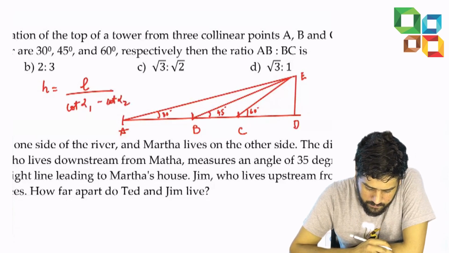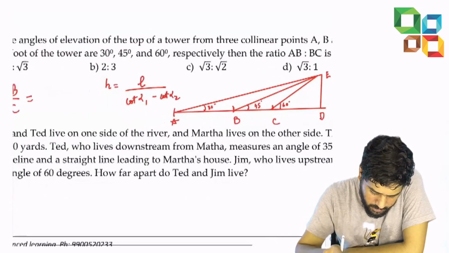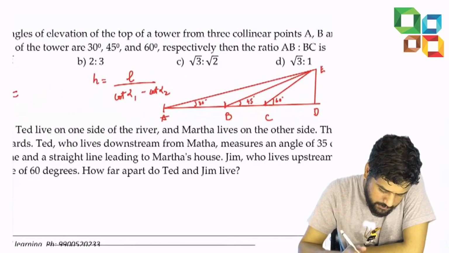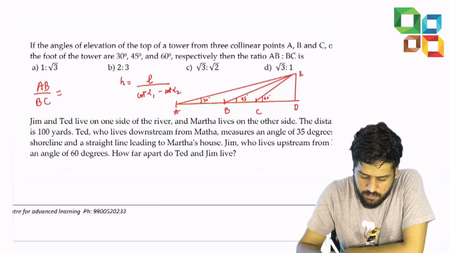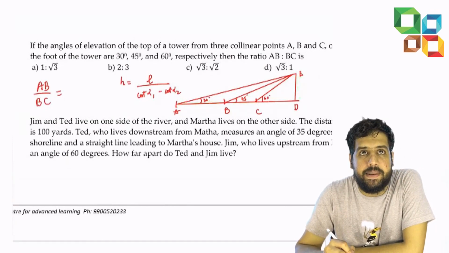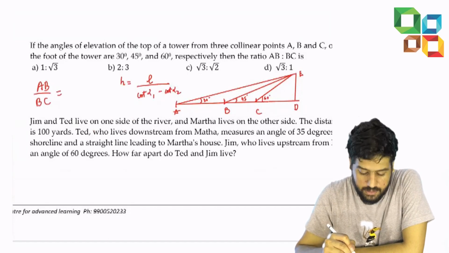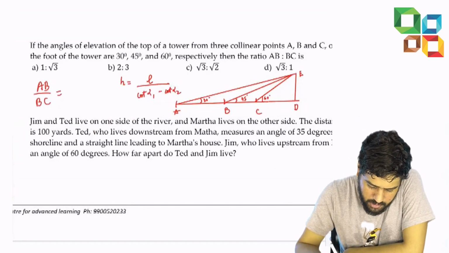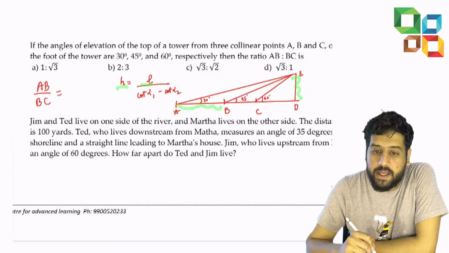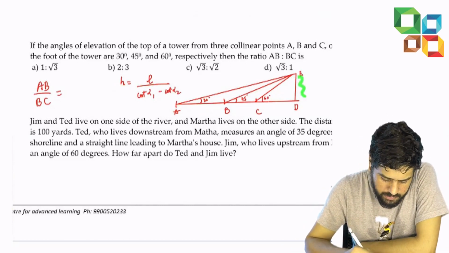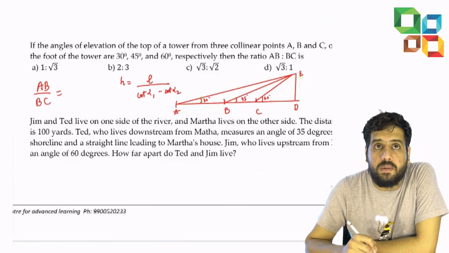But now we need to calculate AB is to BC, right? And for both the cases, we know this height is the same, right? And we know the relation between this height and this length, right? H is equal to L by cot alpha 1 minus cot alpha 2.